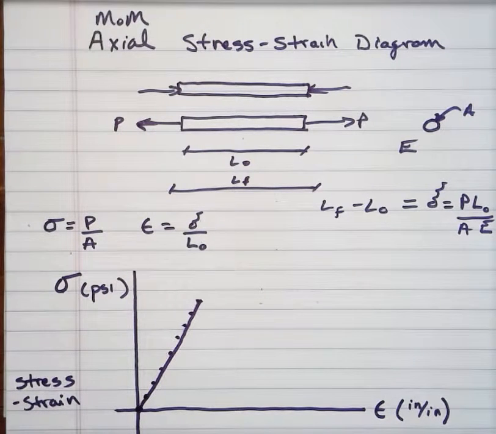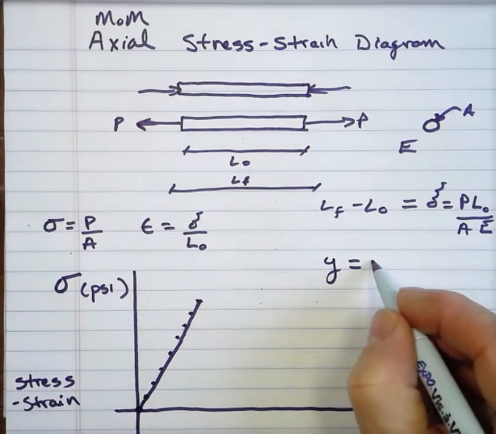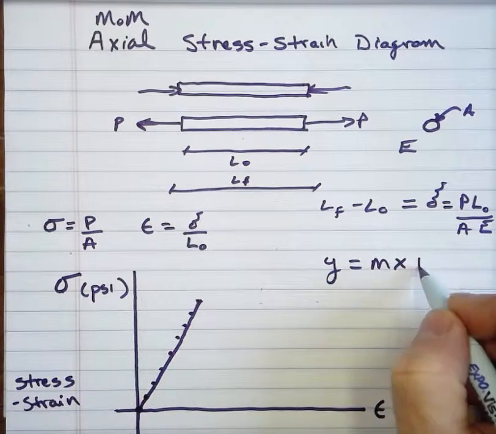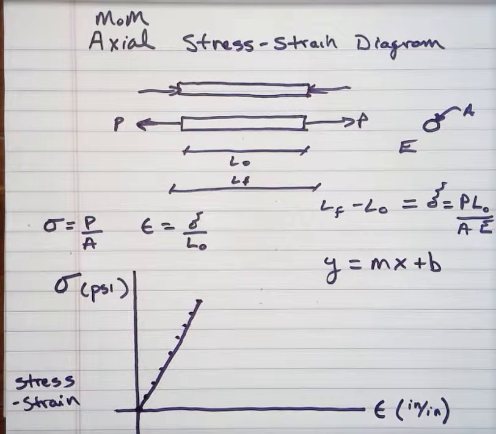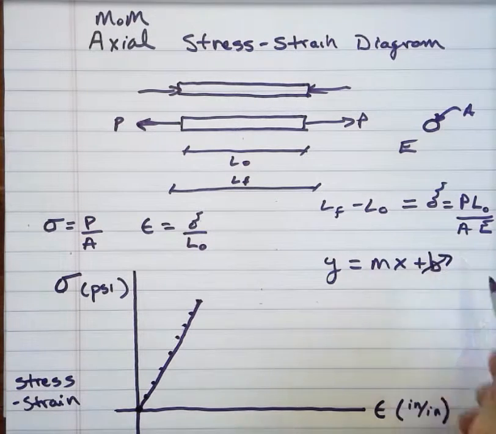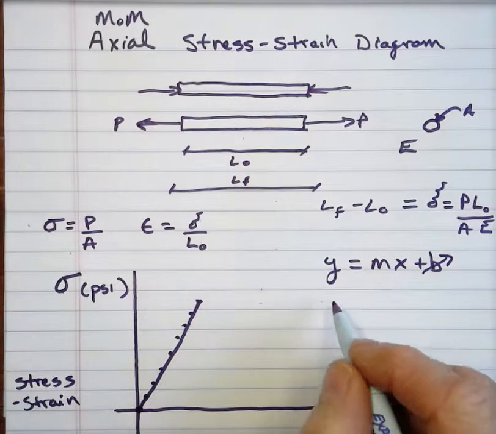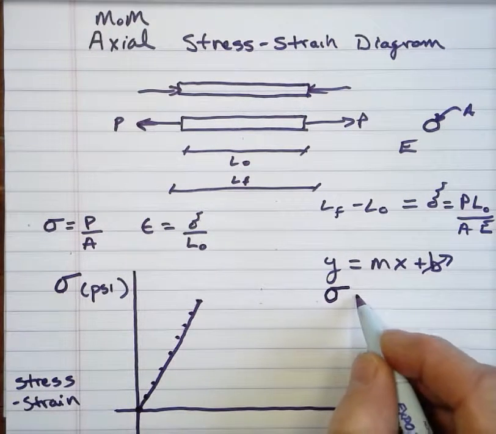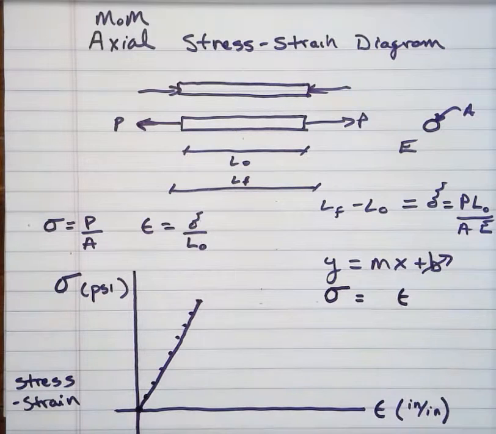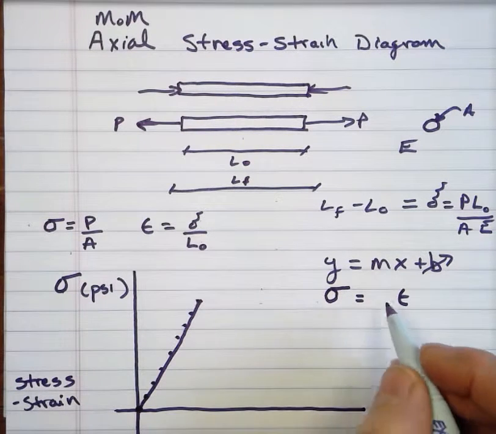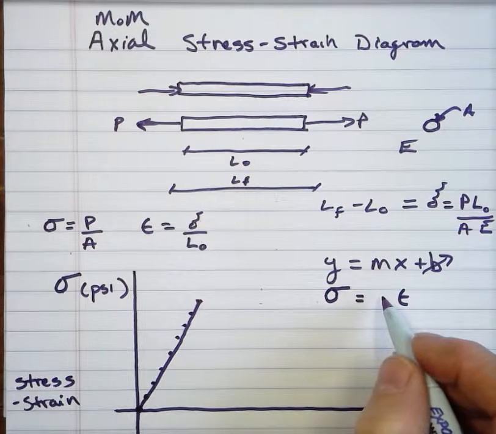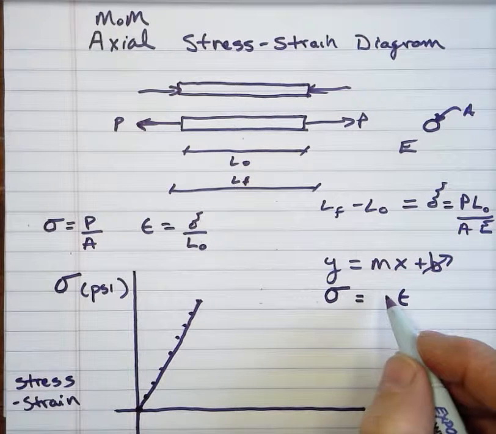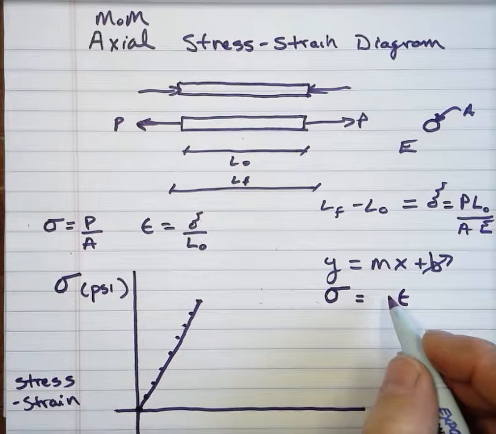Now, when you have a straight line, it typically has a slope. So back to 9th grade algebra, y equals mx plus b. Let's replace all these things. Well, what's the y-intercept? 0, so that can go away. And on the y-axis we have stress, and on the x-axis we have strain, and the slope is different for different materials.